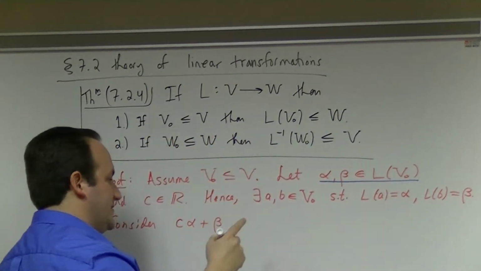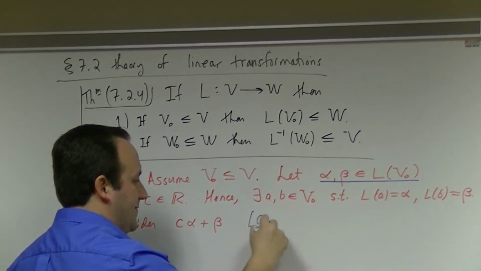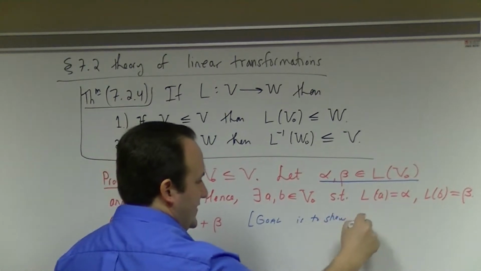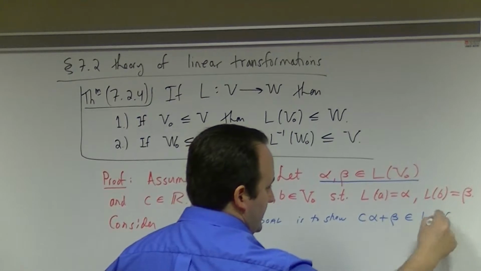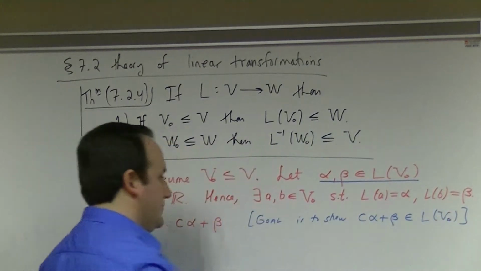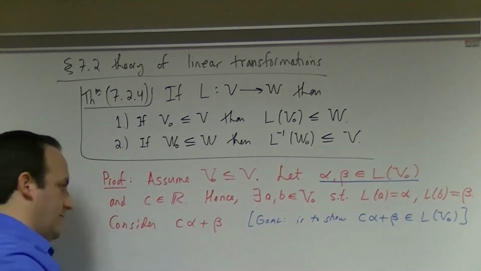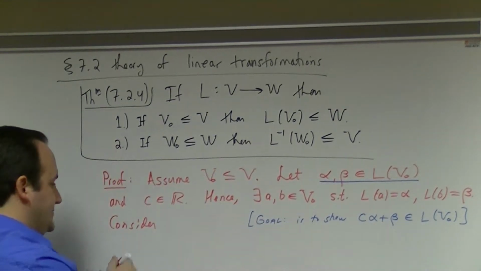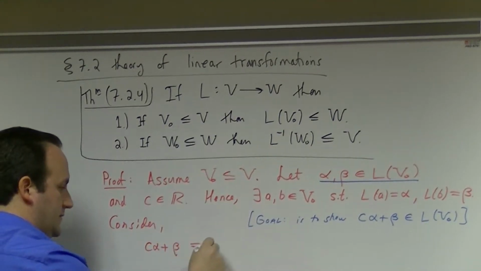I'm just going to write it down here. Our goal is to show that C times alpha plus beta is in L of V naught. That's our goal at the moment. Consider C alpha plus beta.